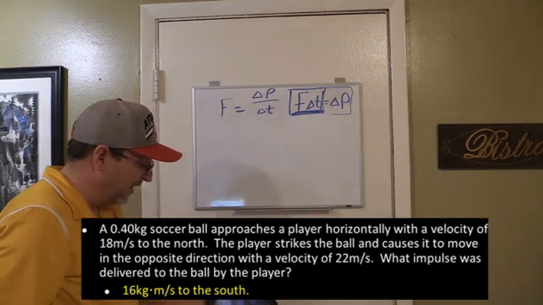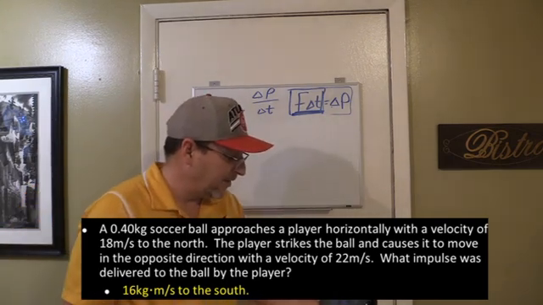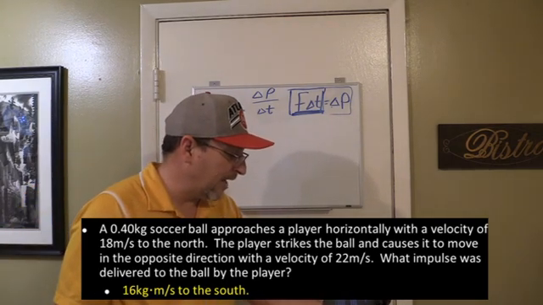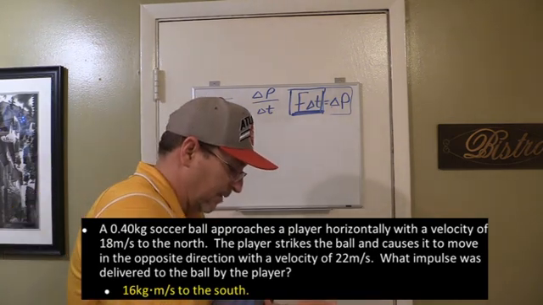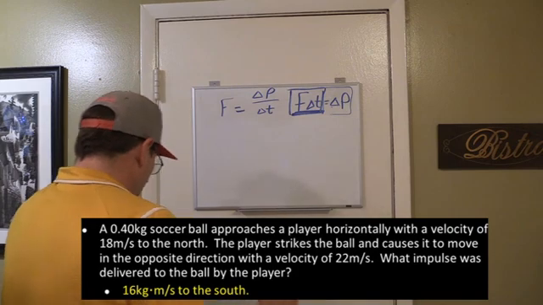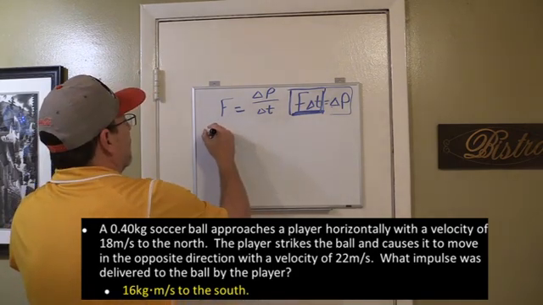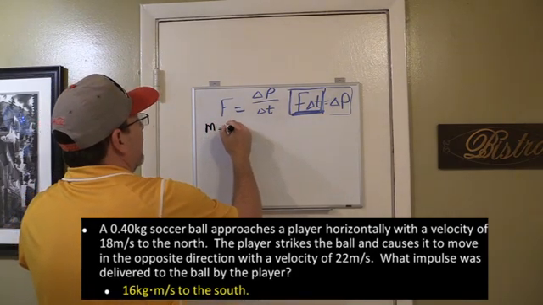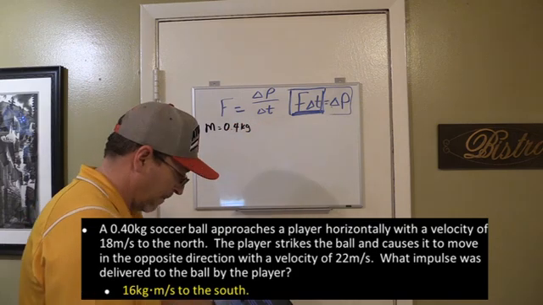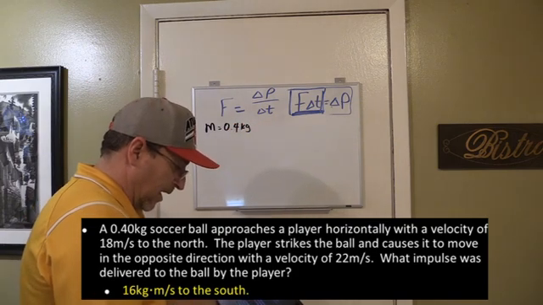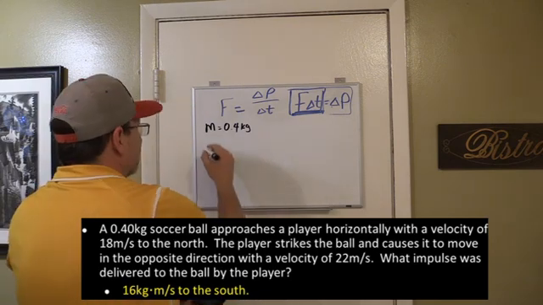Okay, for the next one and the last one on this page, I have a 0.4 kilogram soccer ball that approaches a player horizontally. So the mass of the soccer ball is 0.4, with a velocity of 18 meters per second.